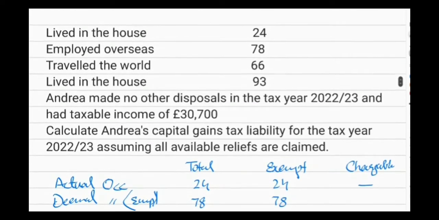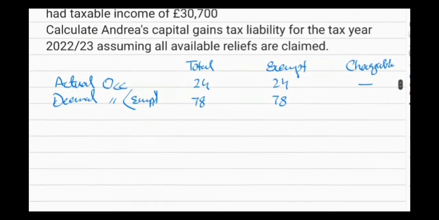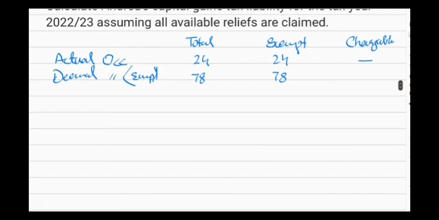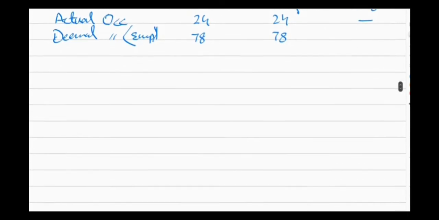Then there is a period of 66 months travelling the world. Travelling the world doesn't mean that it is due to employment. It can be considered as a deemed occupied period of 36 months for any reason, because in the second point we have been given that for any reason, if he has not been in his occupied house, this can be considered his deemed occupied period.